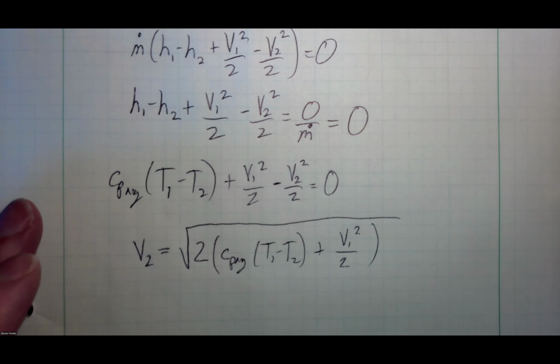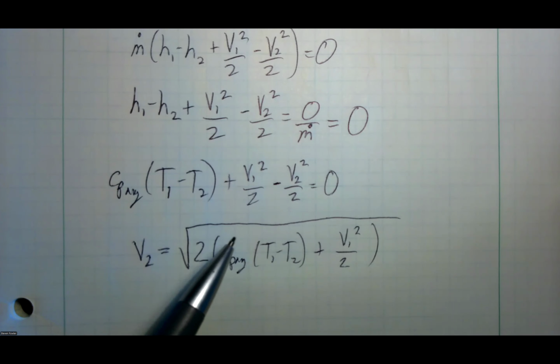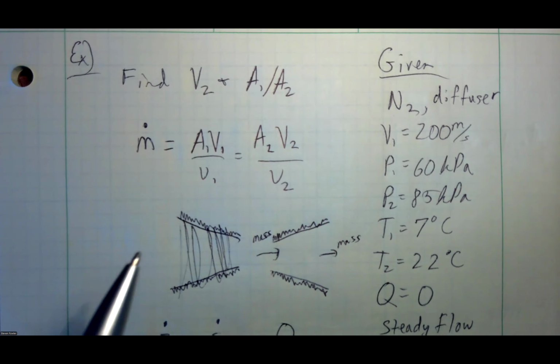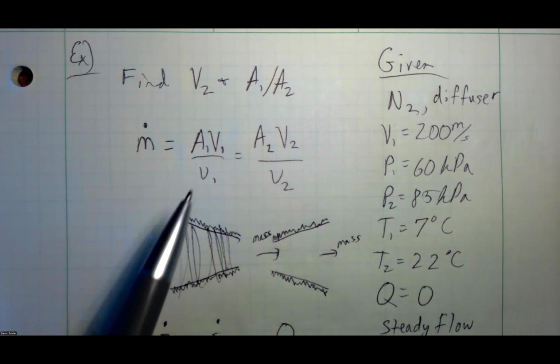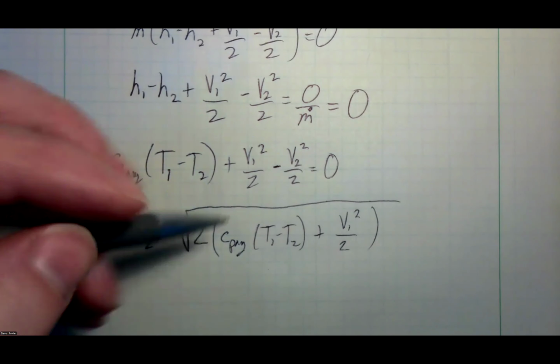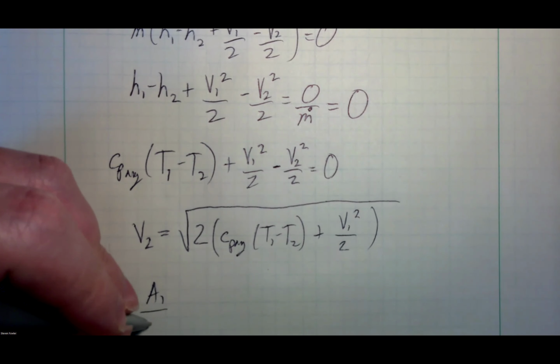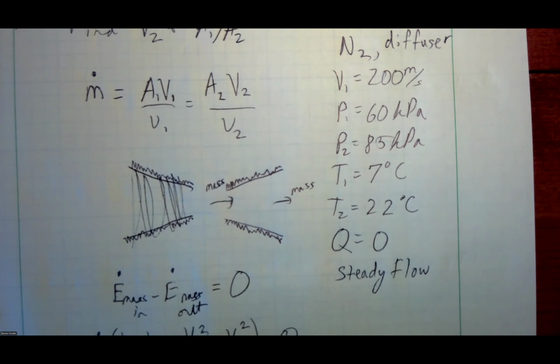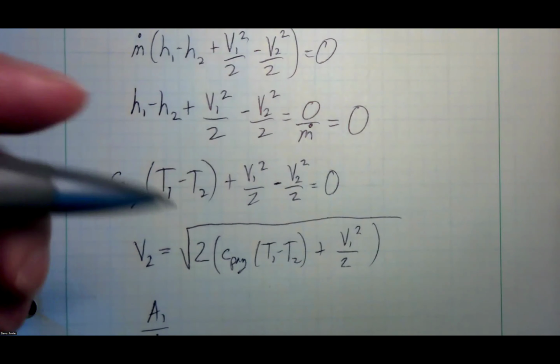Okay. What else we got? So this is a path to finding V2, one of the things it's asked for. What else is asked for? Well, I'm also finding the ratio of areas, which I can find using this expression. I'm solving this for the ratio of A1 over A2.